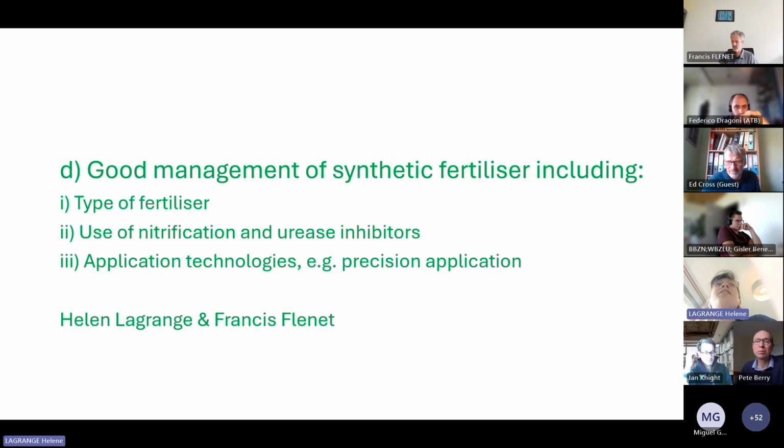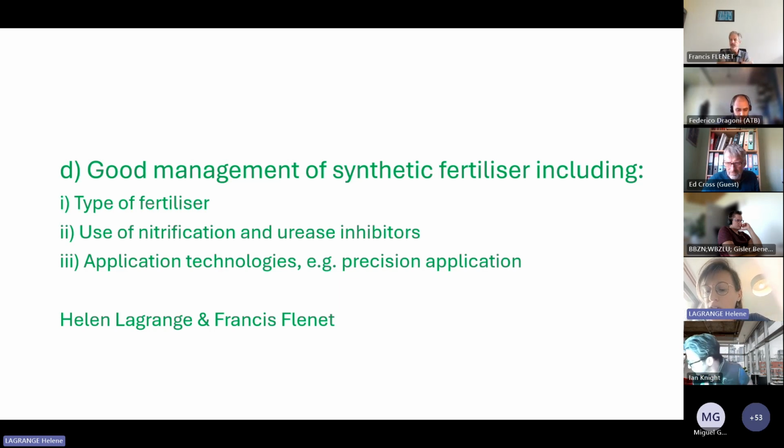Okay. So once you've done everything you can to reduce the amount of nitrogen needed by the crop coming from the fertilizers, well, we saw that you can use organic fertilizers, biological nitrogen fixing crops, and also cover crops, for example.